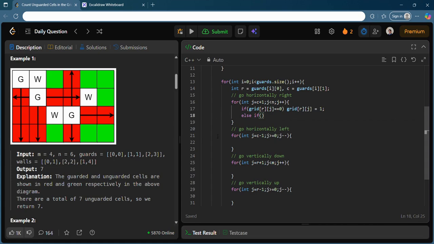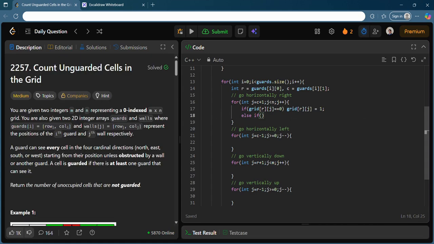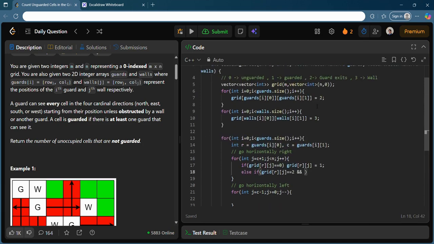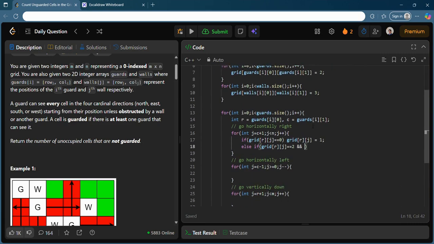Else if, see, the influence of a guard can be stopped by another guard or by having a wall. Okay, so a cell is guarded unless it is obstructed by a wall or another guard. So I will simply follow what is told in the question. So yeah, their influence, if it is either 2, what does 2 mean? 2 means a guard exists or a wall exists.